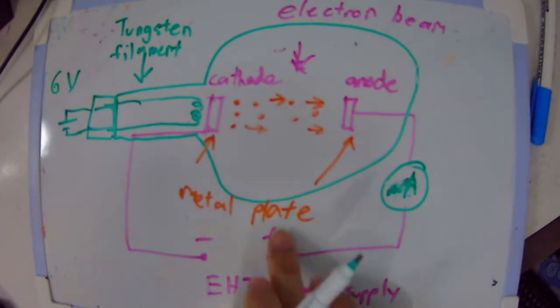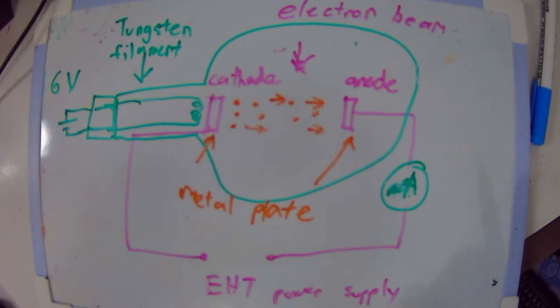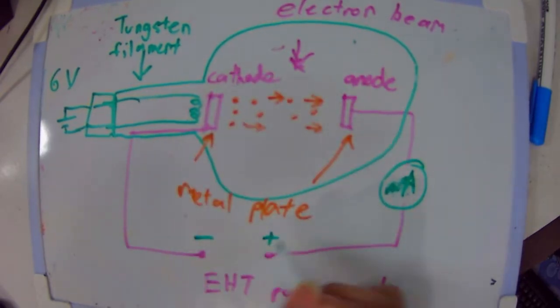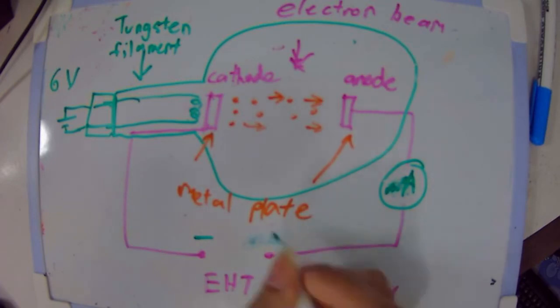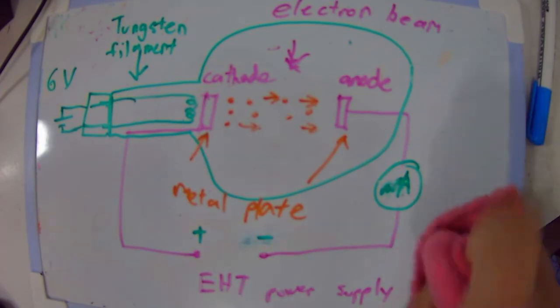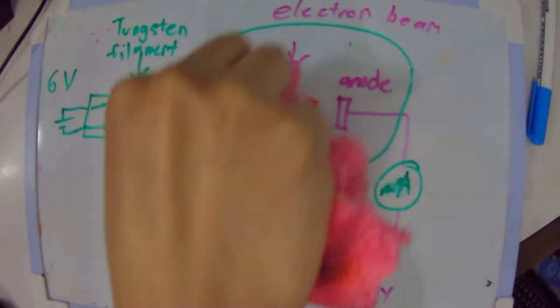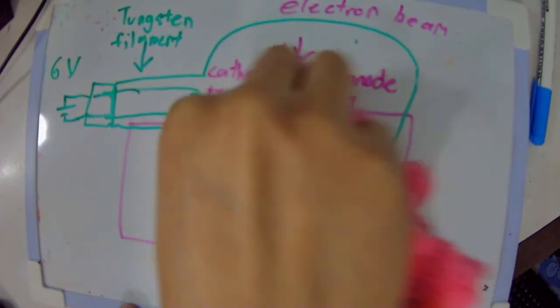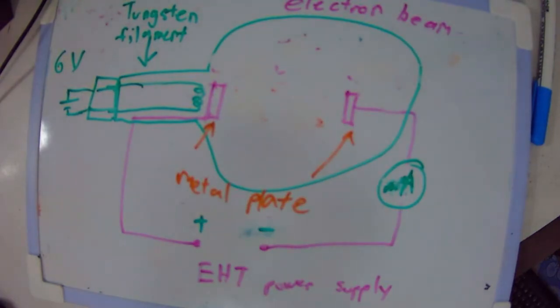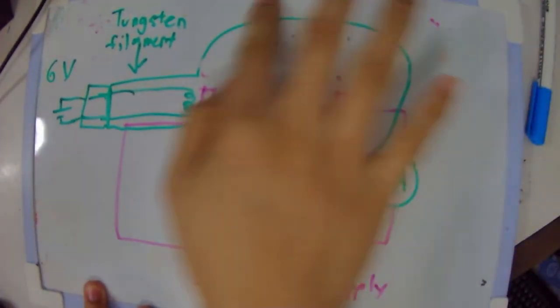If I were to now reverse the polarity of the battery, so instead of negative on this side and positive on this side, I'll do the opposite and put this negative and this positive. Now suddenly we no longer have any electric current. The milliammeter does not show any reading, and there will be no electron beam. Nothing. There will be no electron beam.